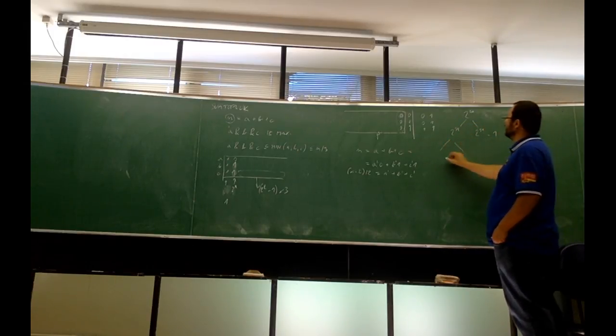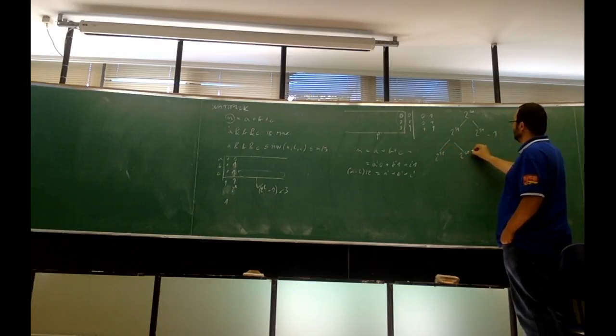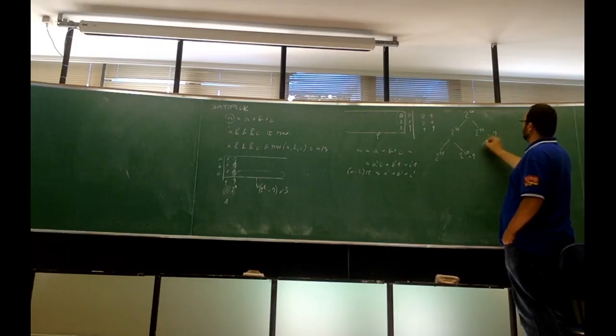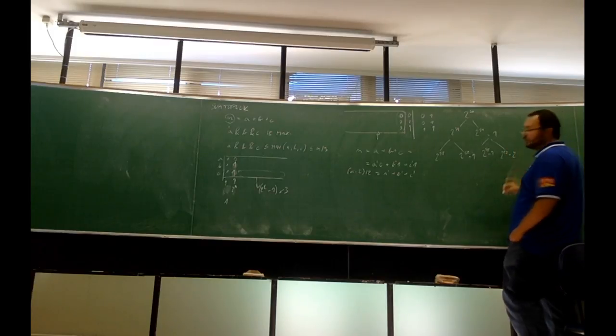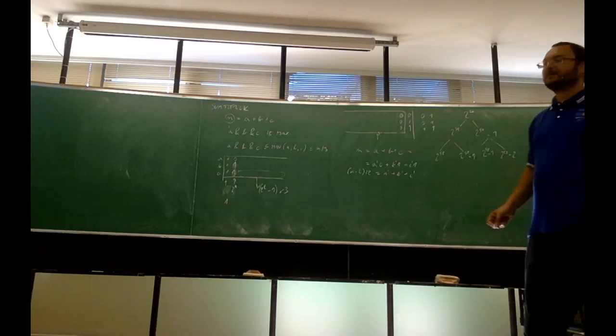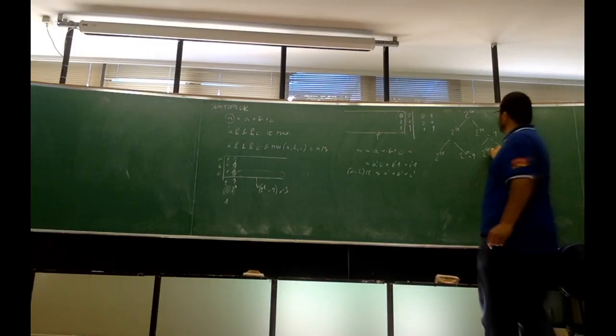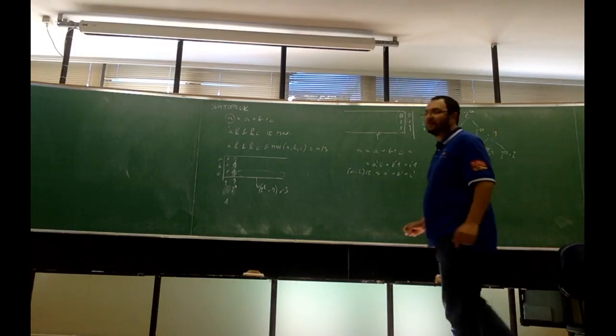And from here we will go to 2 to the 58 and 2 to the 58 minus 1. And from here we'll go to 2 to the 58 minus 1 and 2 to the 58 minus 2. We already see what's happening is that here we are solving the same subproblem twice.